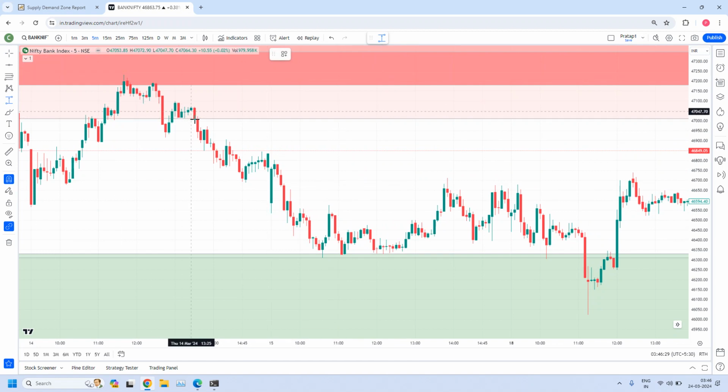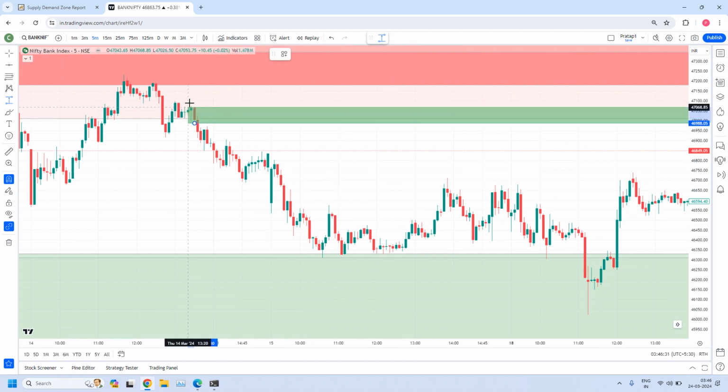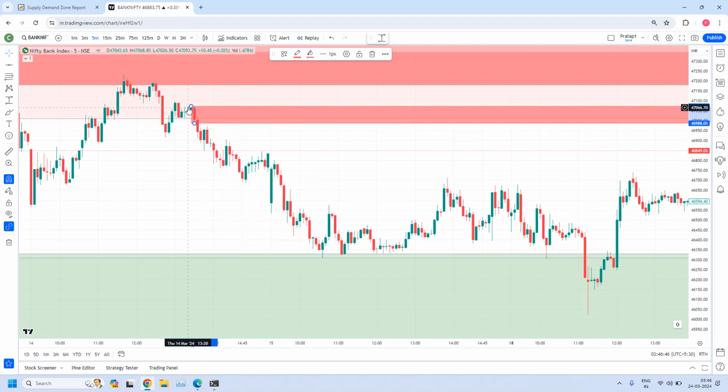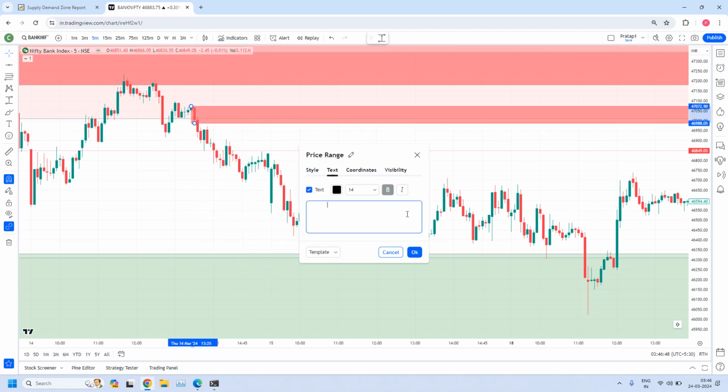The reason is, this is a supply zone, a 5 minutes high liquidity supply zone.